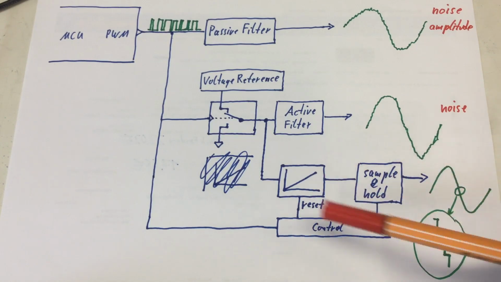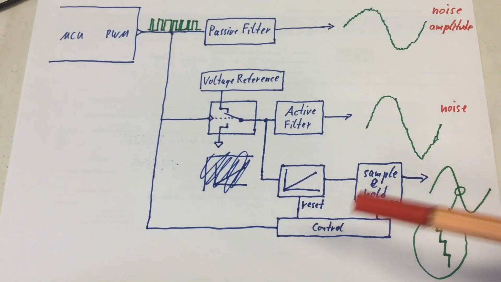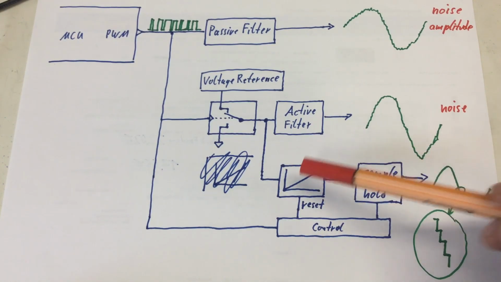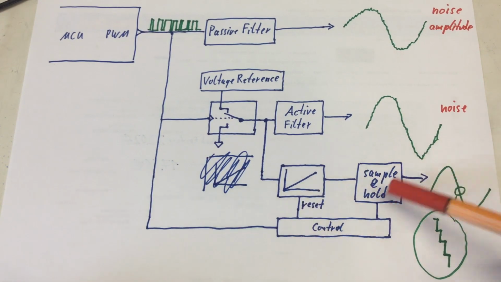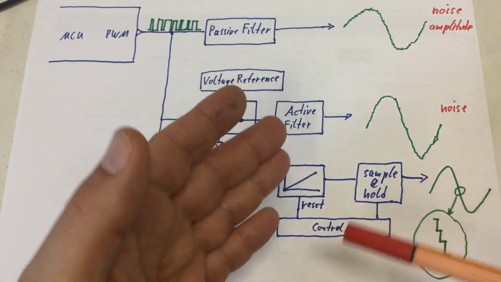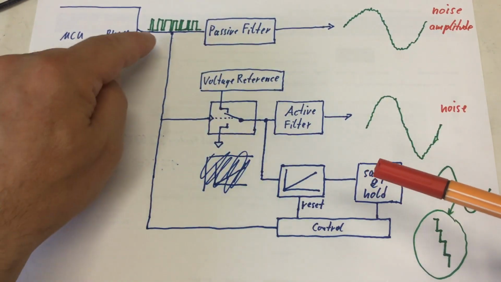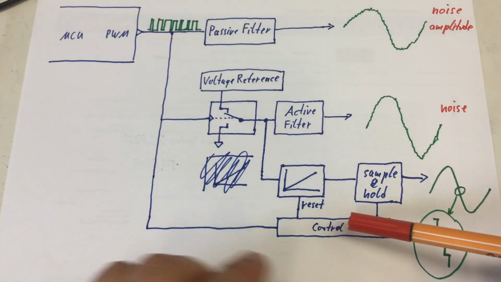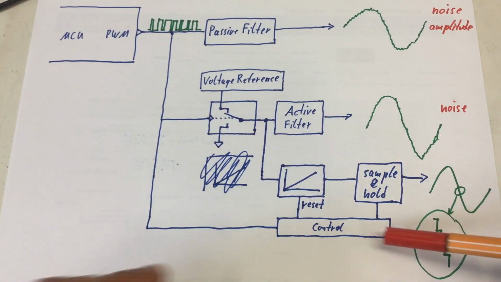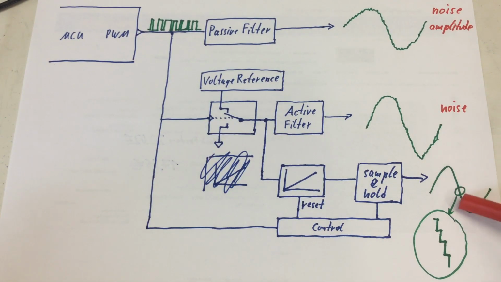The whole thing would have to have some control unit, resetting the integrator and telling the sample and hold circuit when to sample and when to hold, and we could control that by the edge of the PWM signal, and we would get a very nice sine wave out of it. If you would zoom in here, you just have that stair here without any ripple on it.